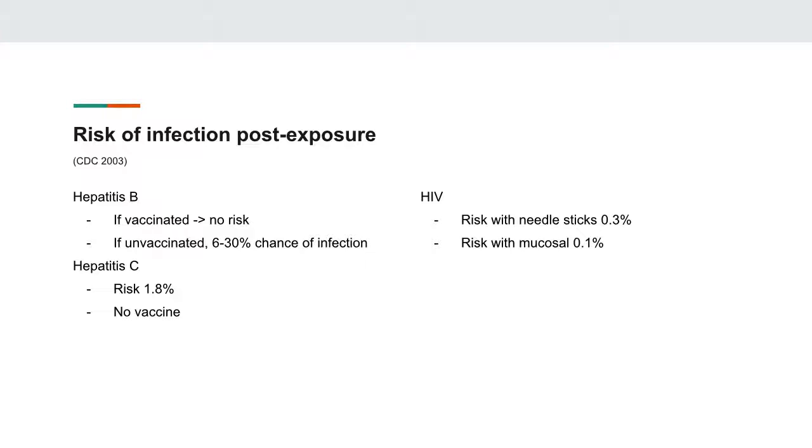For hepatitis C, we do not have a vaccine yet, unlike hepatitis B. And the risk of infection post-exposure is around 1.8%. If you are exposed to HIV cutaneously, then the risk of infection is around 0.3%. And if you are exposed to it mucosally, then your risk of infection is around 0.1%.